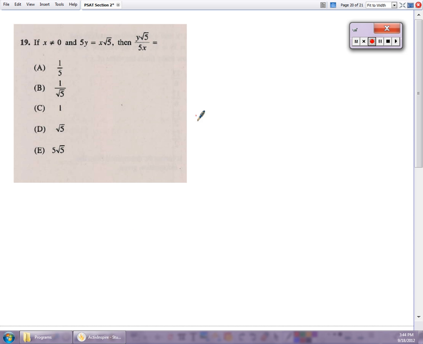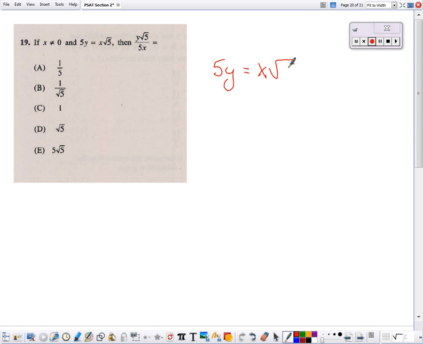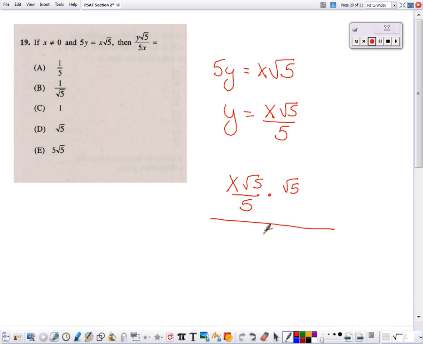So for number 19, I'm going to solve this for y. Divide both sides by 5. And then I'm going to substitute that in to the problem that they give us. I'm going to hold my spot there for a denominator. So when I simplify, the square root of 5 times the square root of 5, when you multiply fractions, multiply the numerators and multiply the denominators.